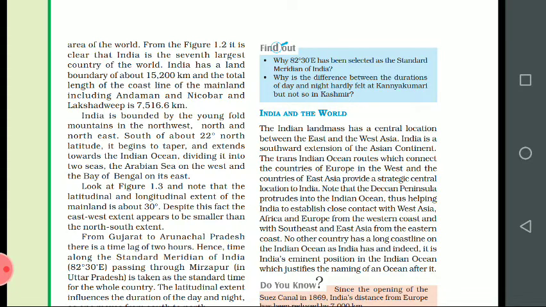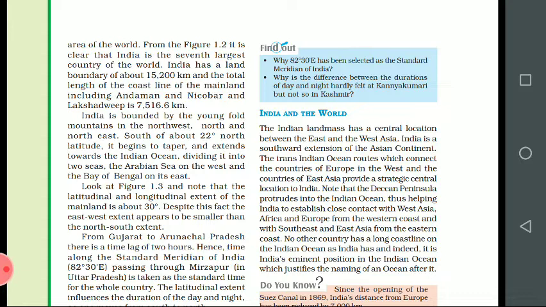Children, I have told you about the longitudinal extent of India, that is 68 degrees 7 minutes east to 97 degrees 25 minutes east. There is a gap of about 30 degrees. Gujarat lies in the west and Arunachal Pradesh in the east.